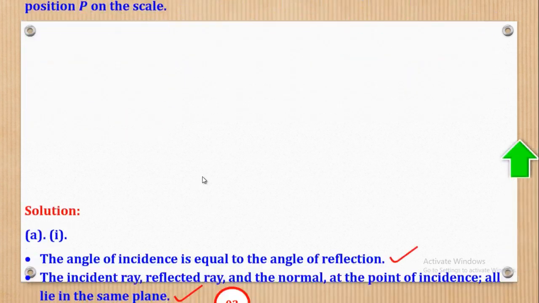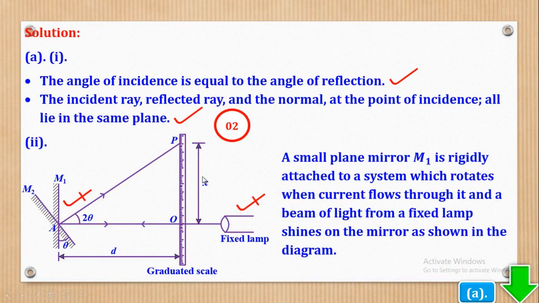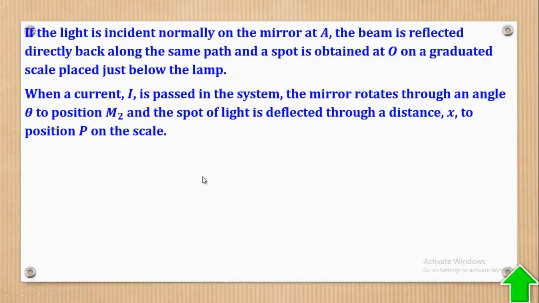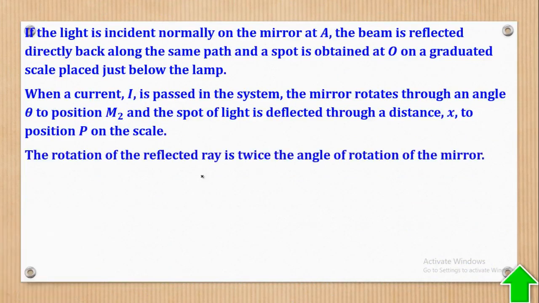So this is what they mean, that this mirror will rotate to position M2, and now this incident beam will be reflected to position P, which is a deflection of x. The rotation of the reflected ray is twice the angle of rotation of the mirror. That implies that tan 2 theta will be equal to x over d.